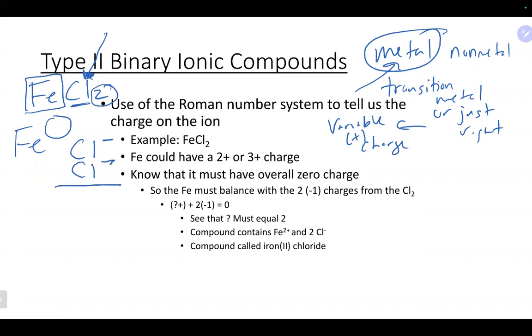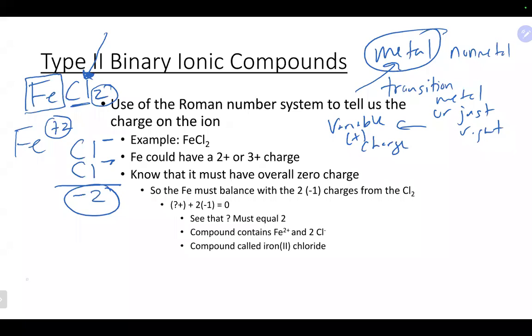Which means if I add up my total negative charge, I got a grand total of -2 happening there from my Cls, which means in order to balance out the -2, the iron has to be +2 here to balance it out. And that is how we kind of work our way backwards to figure out the charge.